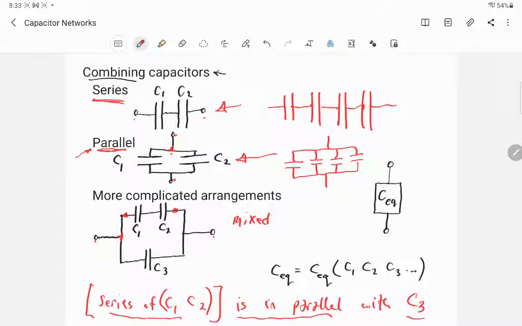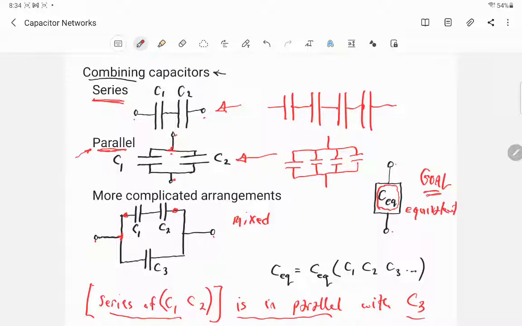So, the whole goal is to look at any particular combination or network of capacitances and be able to imagine the start and the finish with a single capacitance in between, called the equivalent capacitance.